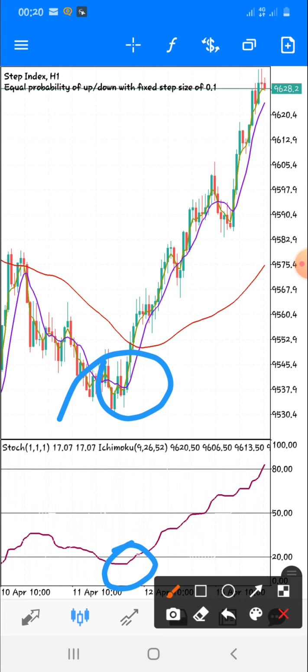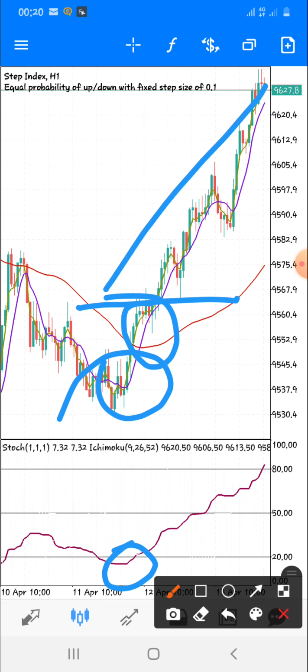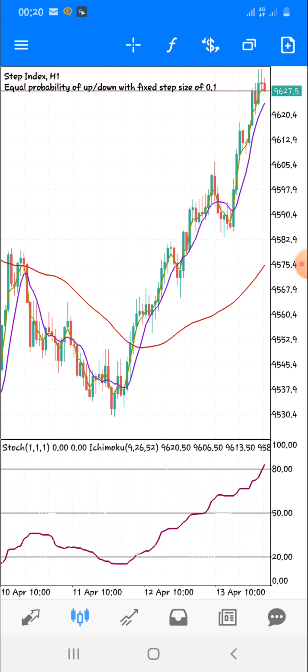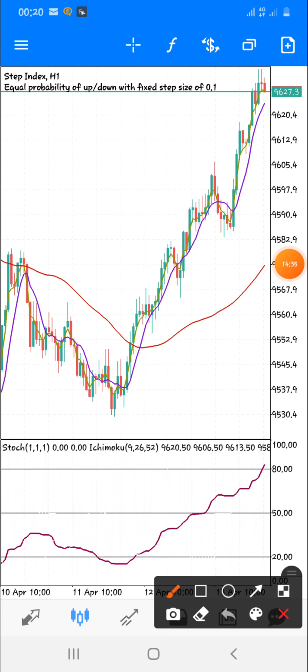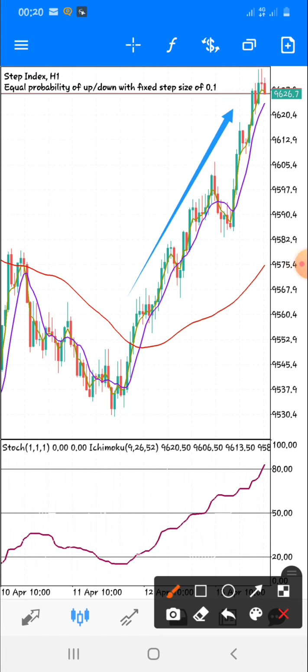Third confirmation, the red line should cross the purple and the green line. After then, we see a clear buy, a clear trend. I hope it makes sense. You see what I'm saying? We see a clear trend here after the three confirmations.